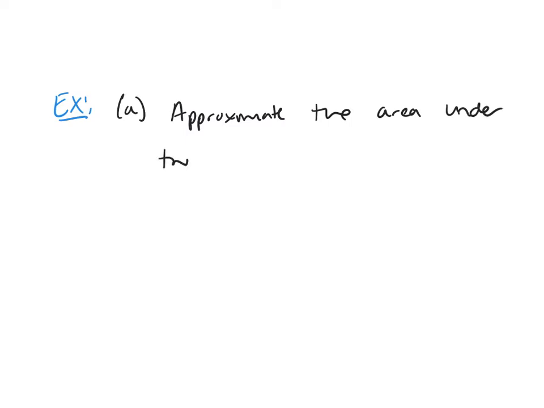So now let's look at the following example. We're going to use our function y equals x squared we've been talking about. Part A, let's approximate the area under the curve y equals x squared and above the x-axis.